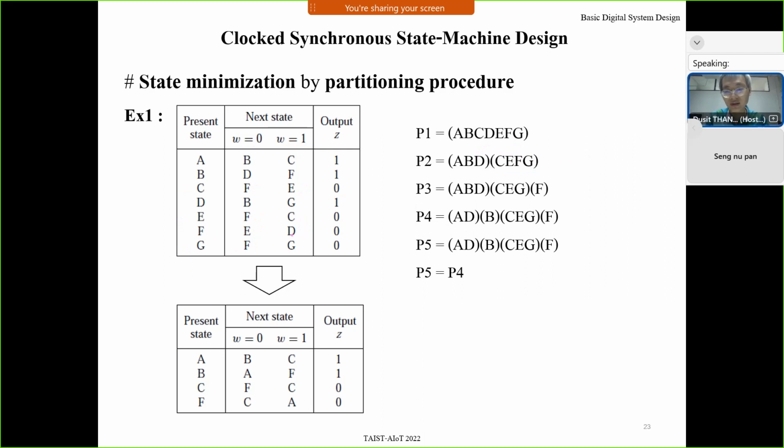You can note that the next state of F, when input W is 1, is D.